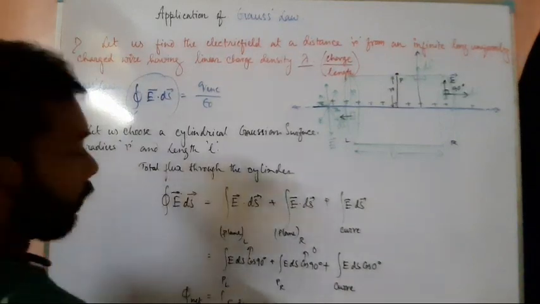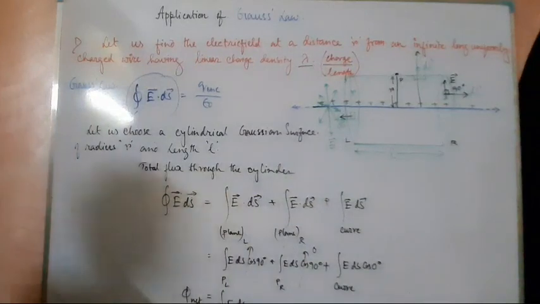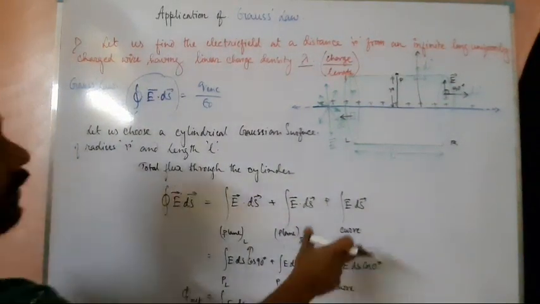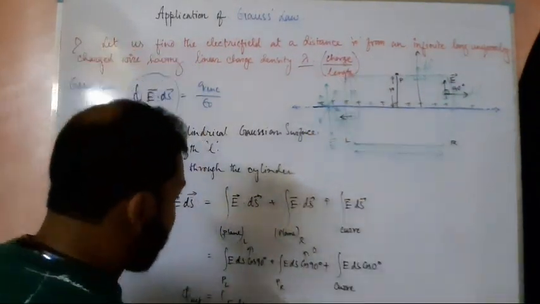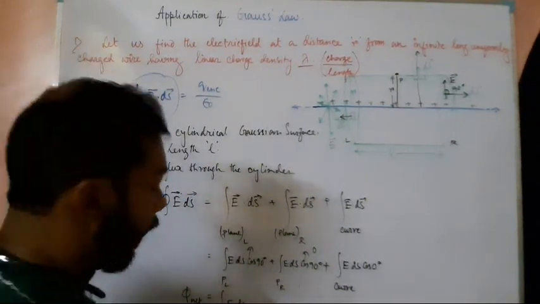Now what is ds? Let us integrate over the total curved surface area of the cylinder. If L is its length and R is its radius, then the total surface area will be 2 pi RL.